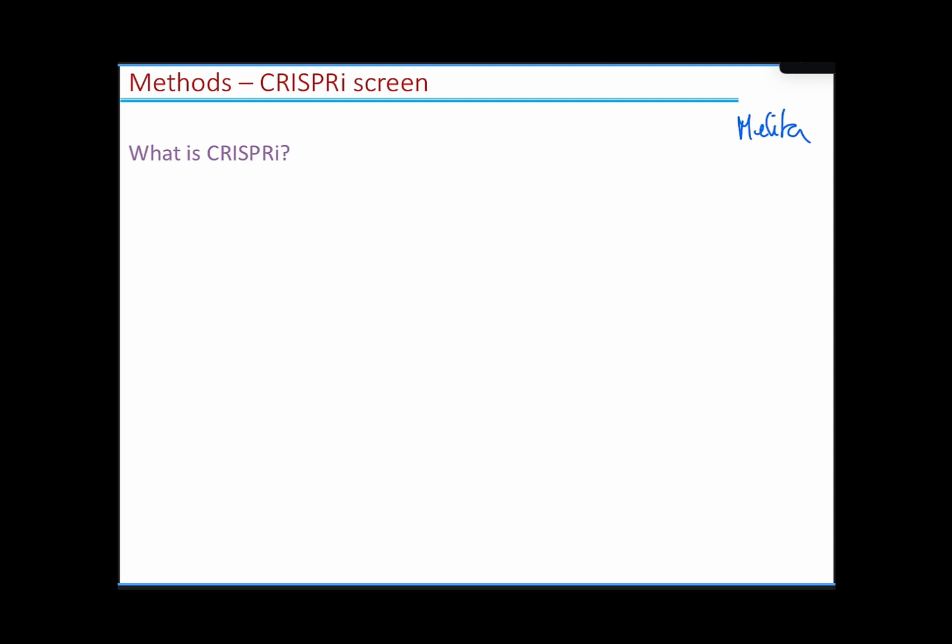I see you nodding. CRISPR interference. Excellent. So do you guys want to explain a little more what that means? So you both, right, it's CRISPR interference, that's what the acronym stands for, and you said it's silencing a gene without cutting it.